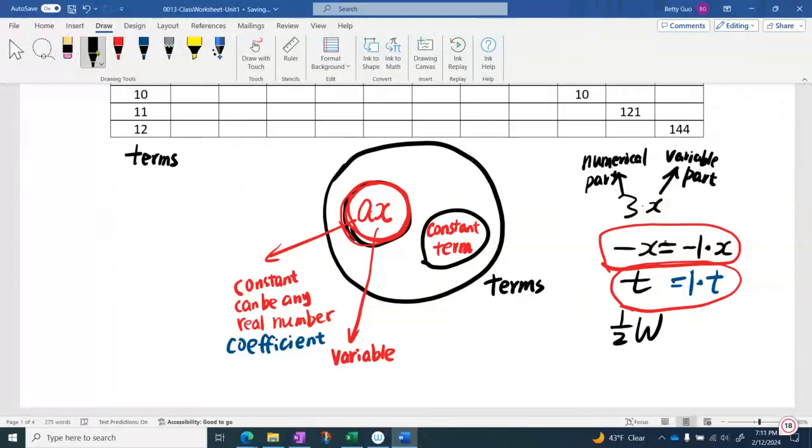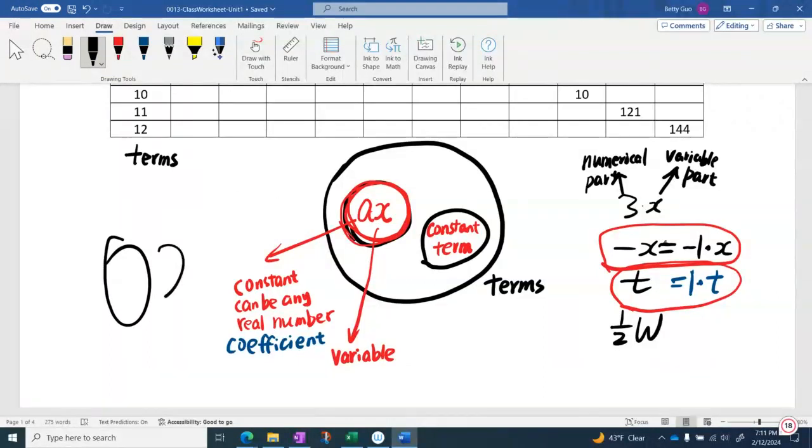Constant is a term. Is zero a term, by the way? Is zero a number? I'll answer this question. Zero is a term, okay? Because it's a number, so it's a constant term.